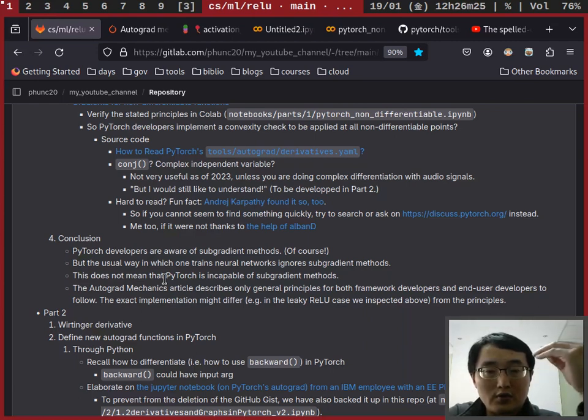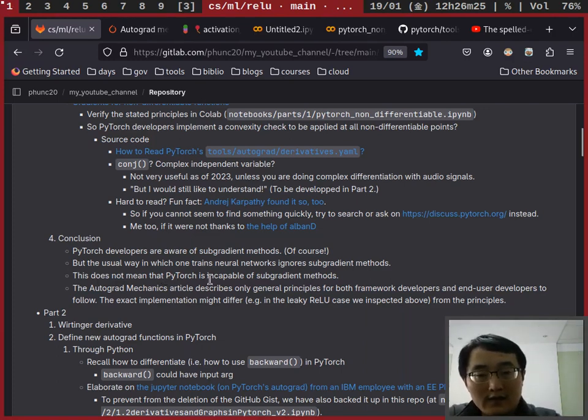The normal way you do gradient descent in deep learning is not strictly subgradient methods. And also, we see that in the case of leaky ReLU, the case of a concave function, the principle stated in the autograd mechanics article is not closely followed. It may differ.